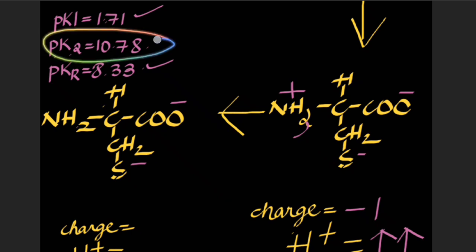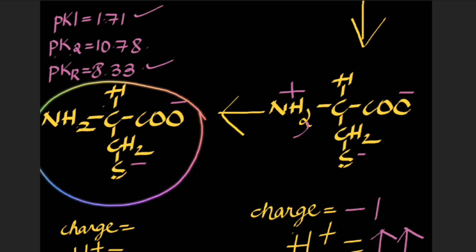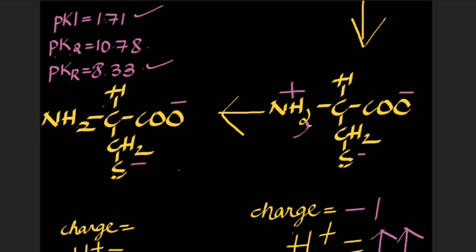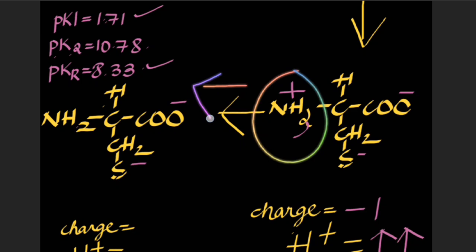Now it will reach the pK2 value, right? The pK2 value is associated with the amino group of the amino acid. So this NH3, after it reaches 10.78 pH, will also lose its hydrogen ion.